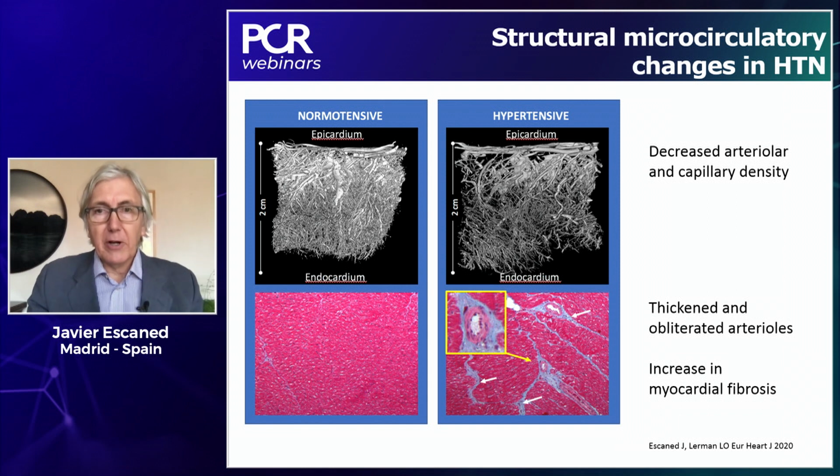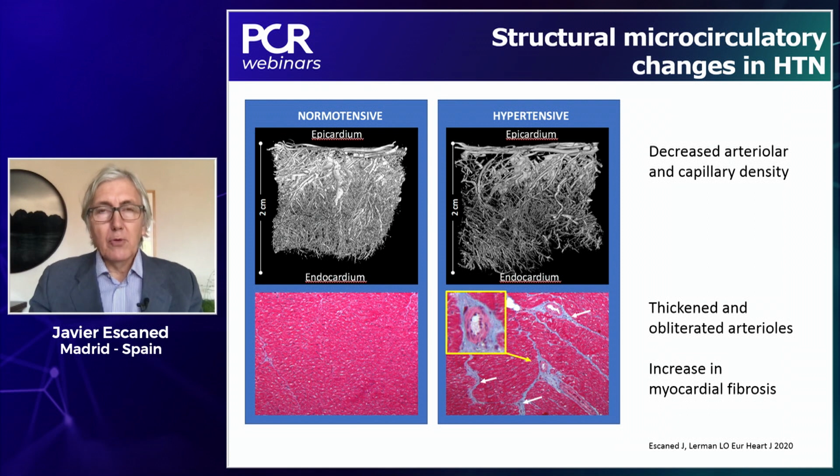And you can see this very nicely with these micro-CT images of the left ventricular wall of a swine model that has an experimental model of hypertension. You can see that actually there is a rarefaction, there is a loss of density of both arterioles and capillaries as part of this particular pathway of microvascular dysfunction.